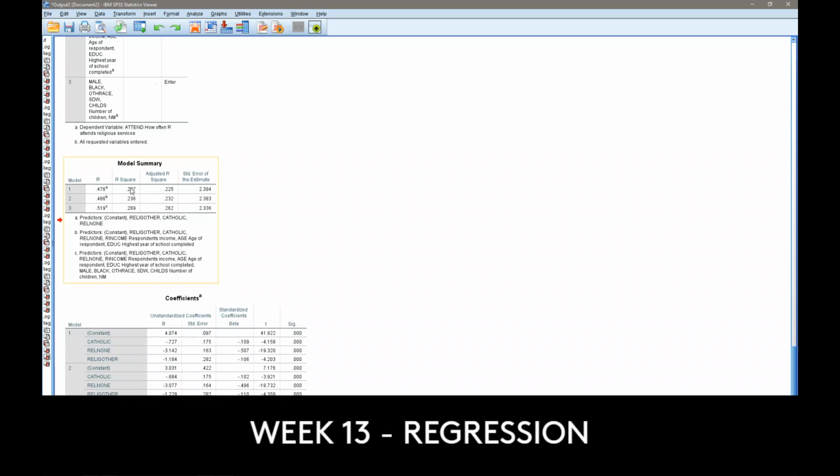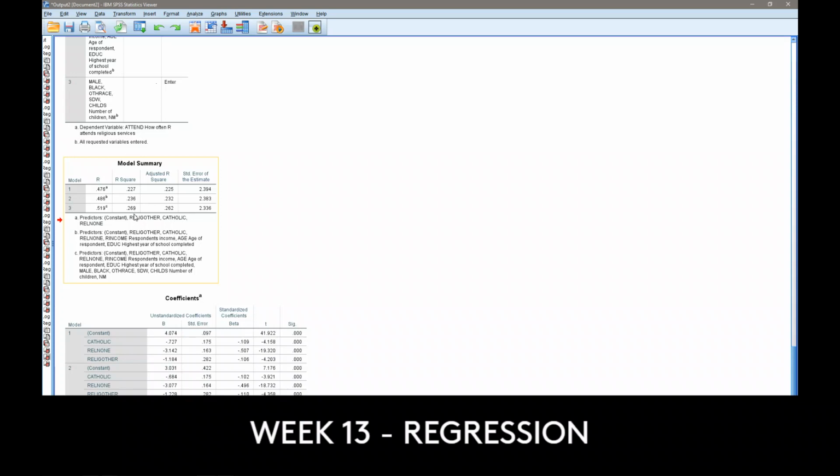The R square should be getting larger as we add more variables, because that means that those variables combined, their effects explain more of the changes in attendance than a model that has a less amount of variables included in it. So we always want to see that as we are adding variables, this R square gets larger.